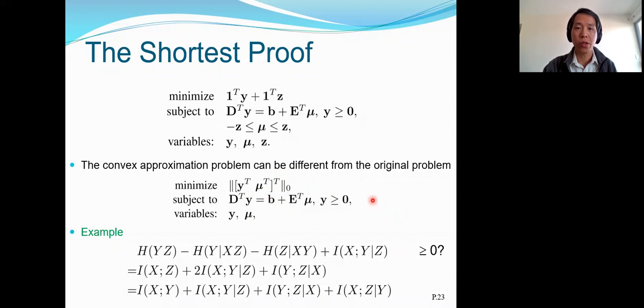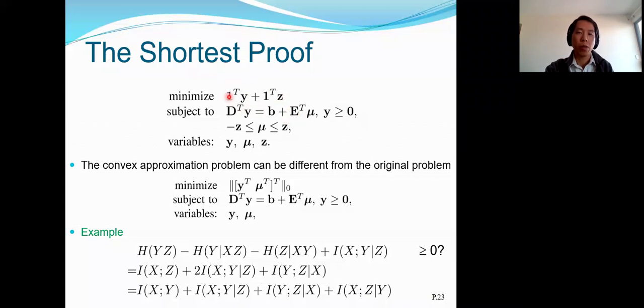But now let me show you another interesting modification of the linear program we see here. Now you see that we want to minimize the summation of the coefficients for using the elemental inequalities and also the coefficients in front of the constraints here.